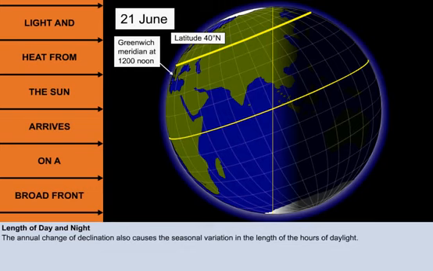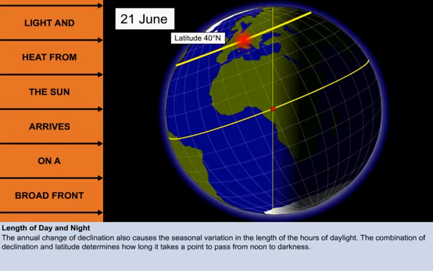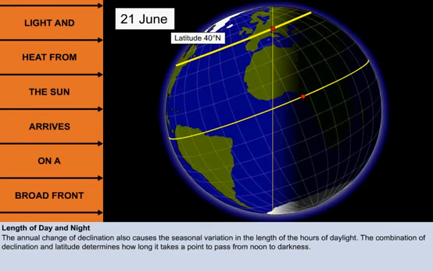One of the consequences of these changes in declination is the phenomenon of midnight sun at high latitudes at certain times of the year. Consider the latitude of 66.5 degrees north on June the 21st. The meridian facing the Sun is experiencing local noon. Local midnight occurs at its anti-meridian. Everywhere north of this latitude is in sunlight for a whole day.